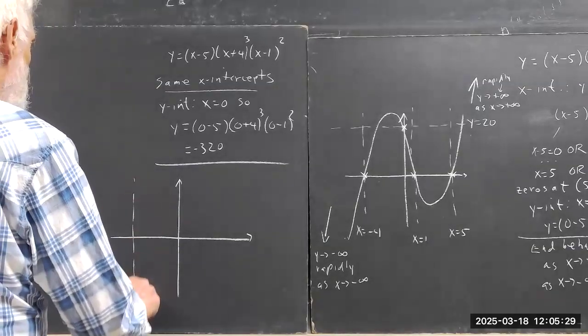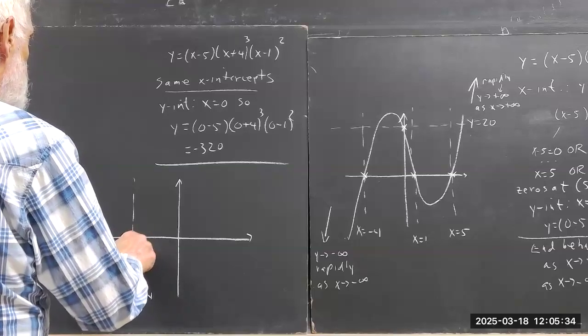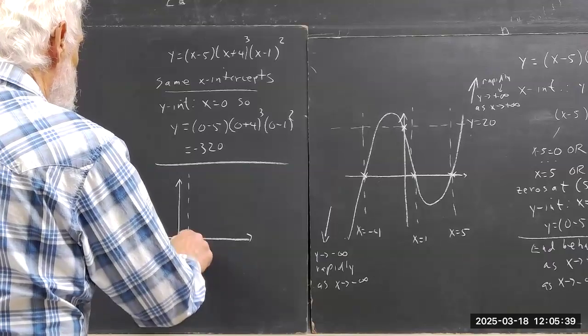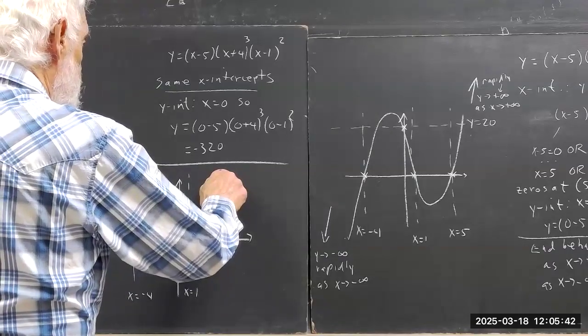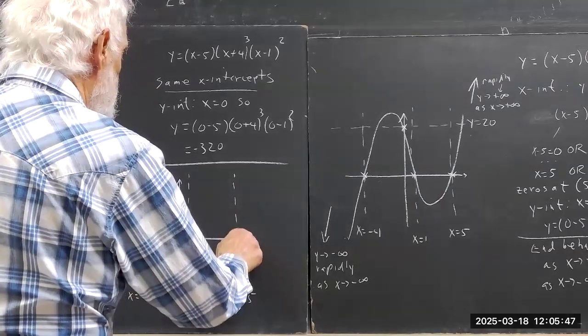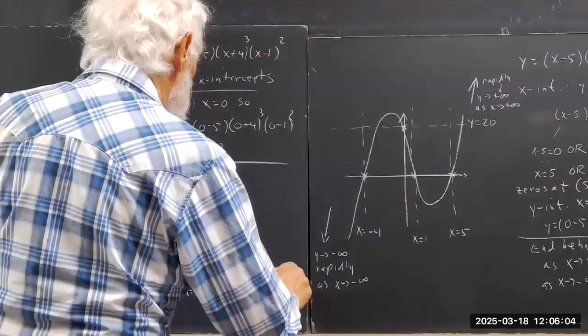Well, we're still going to have an intercept at x equals negative 4, an intercept at x equals 1, and an x-intercept at x equals 5. So this is going to be negative 320 here.